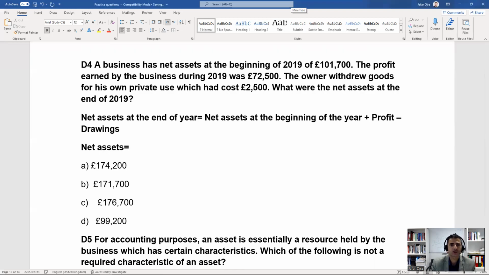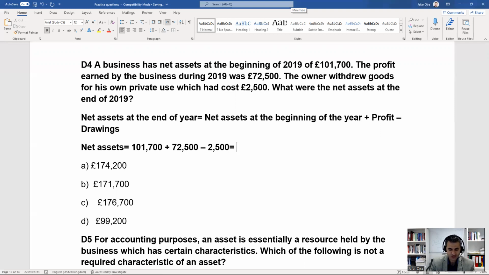If you apply the formula, the net assets at the beginning of the year is 101,700, that's fine, plus profit, 72,500, minus the drawings, which is 2,500. So let's calculate it. 101,700 plus 72,500 minus 2,500.